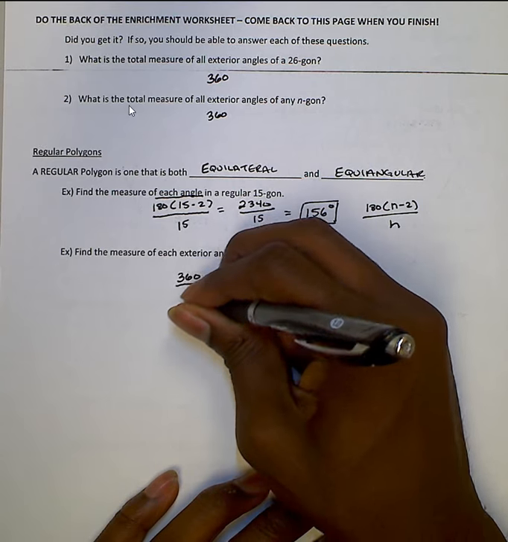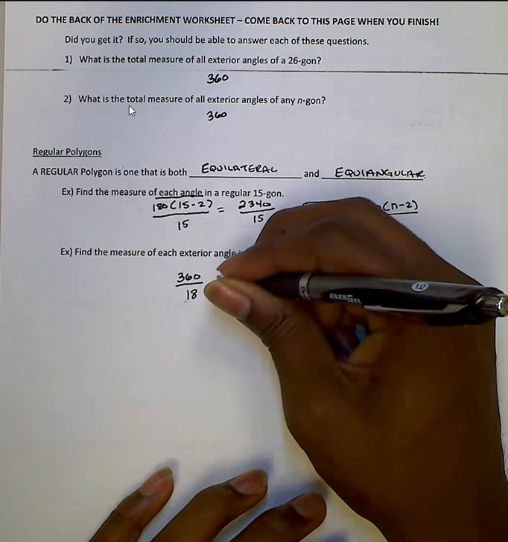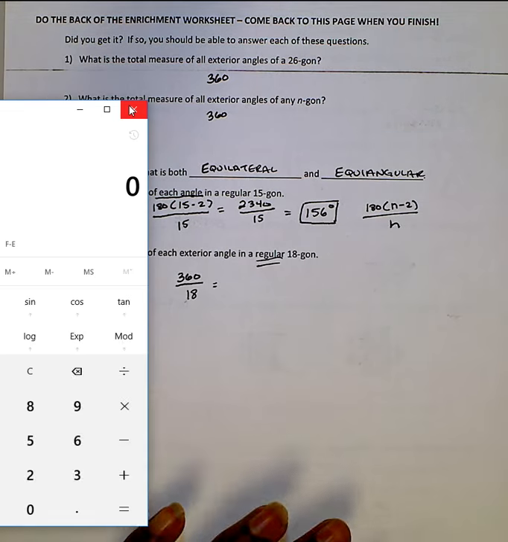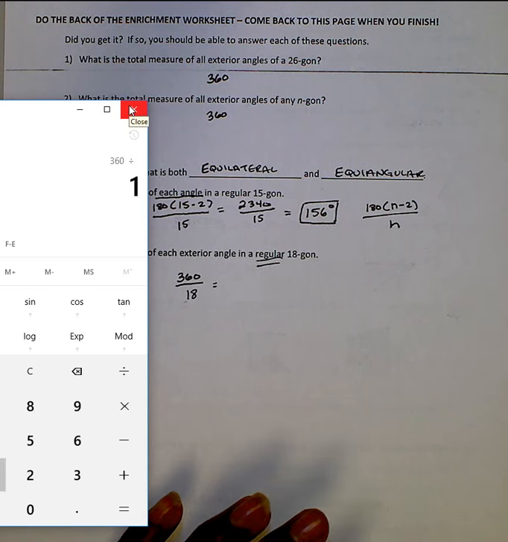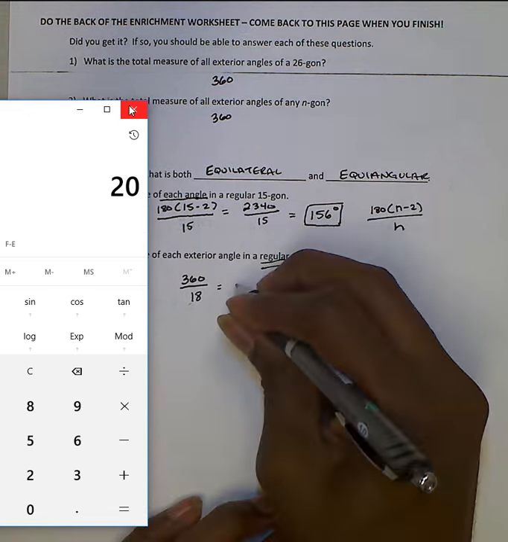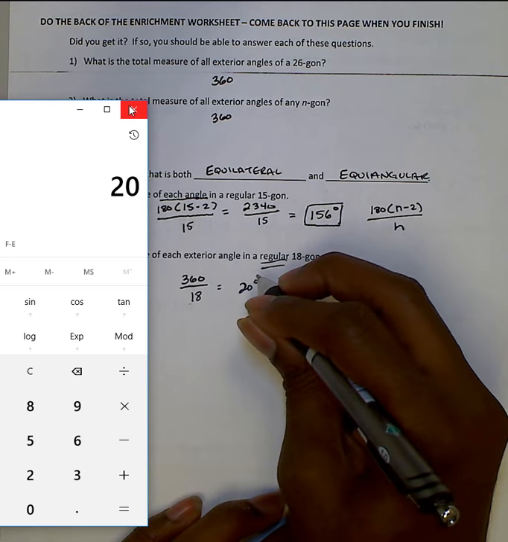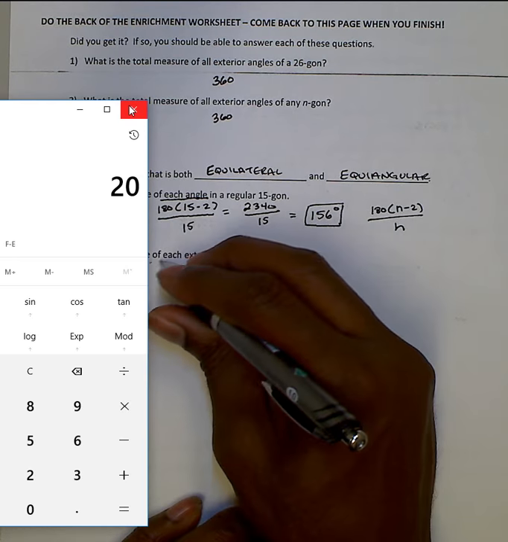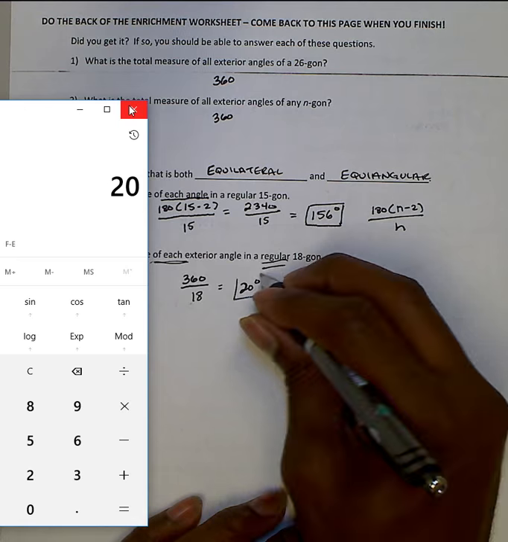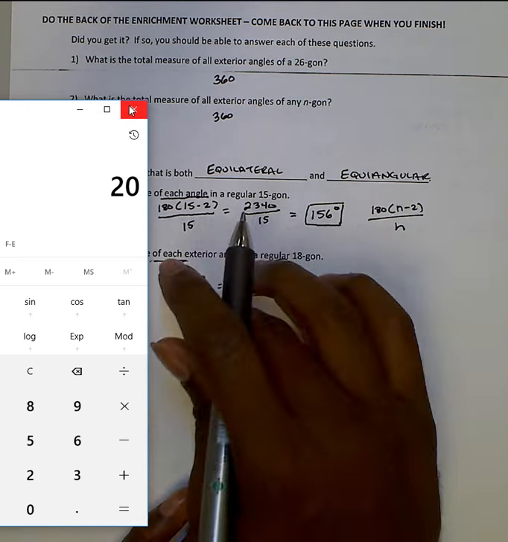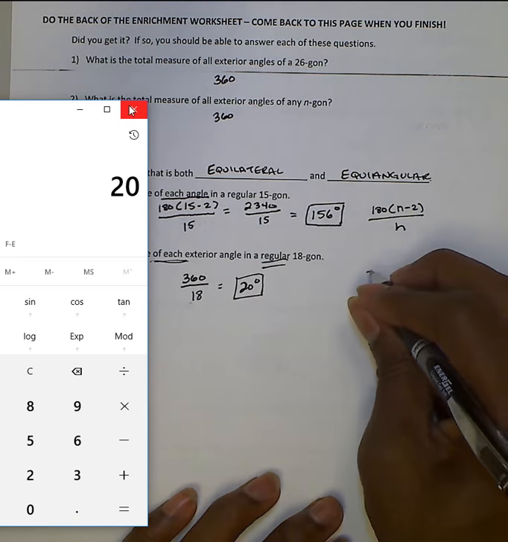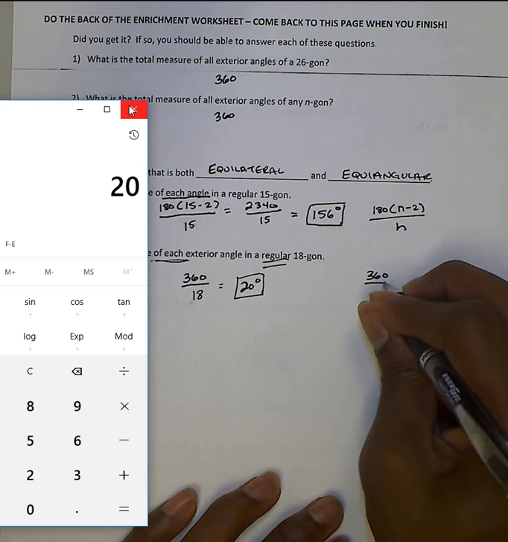I can find this by saying 360 divided by 18. Pretty sure that's 20, but I'm not that sure. 360 divided by 18 is 20. So the measure of each exterior angle is going to be 20 degrees. And again, we can find this generally: each exterior angle is 360 divided by the number of sides.